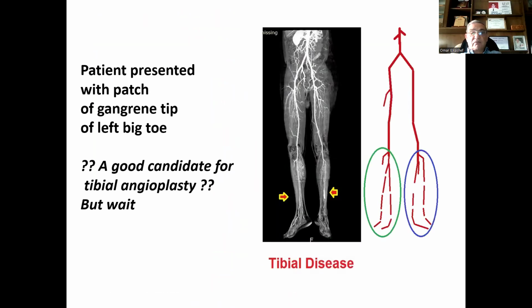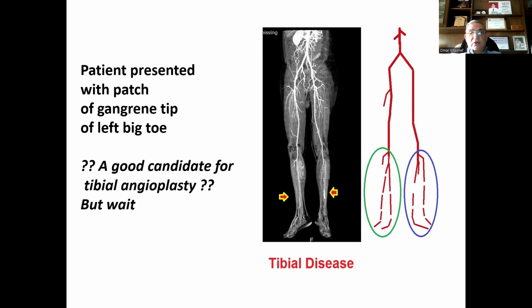Case 3. This is an important case. Patient presented with a patch of gangrene at the tip of left big toe. It appears like he has an atherosclerosis of the tibial arteries as in this sketch.